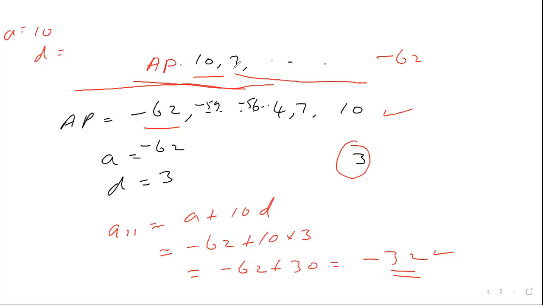Tell me what is the D here? Minus 3. Here, what is the D? Plus 3, because I wrote the reverse order. You know this AP is decreasing, minus 62 like that going on, 10, 7, then after that 7 minus 3, that is 4, then 1, then minus 2, like that going on.